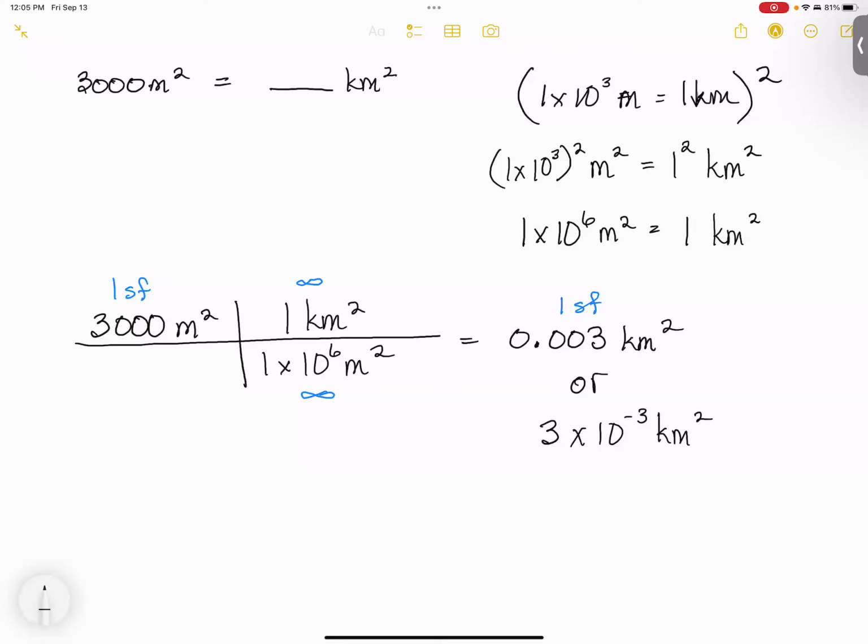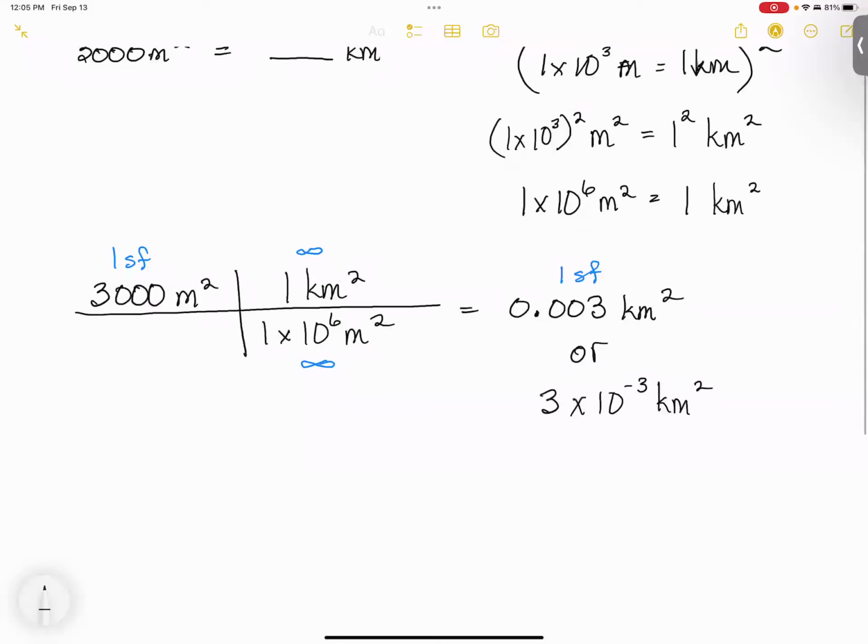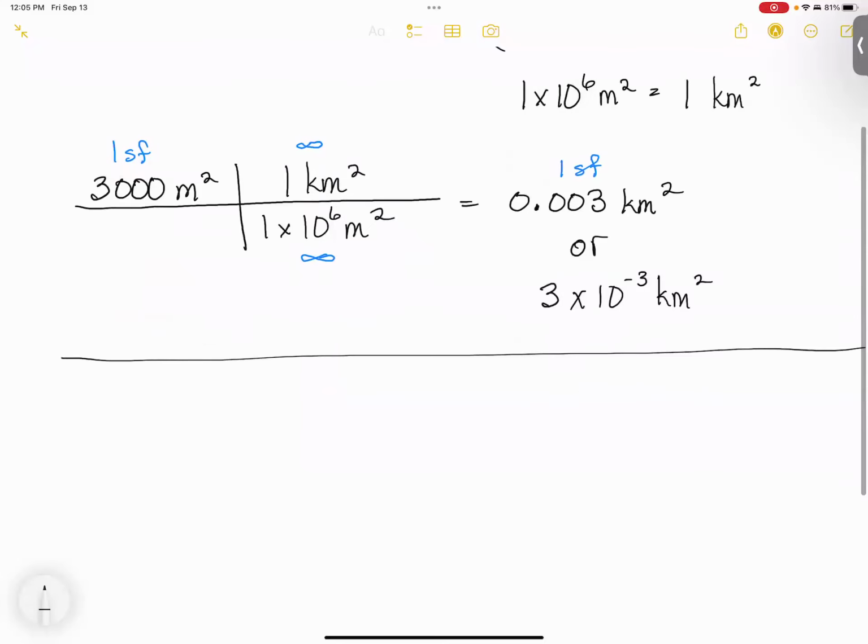Let's look at another example. 0.000032 meter cubed is equal to how many centimeter cubed? Again, I don't have something that has meter cubed in it.